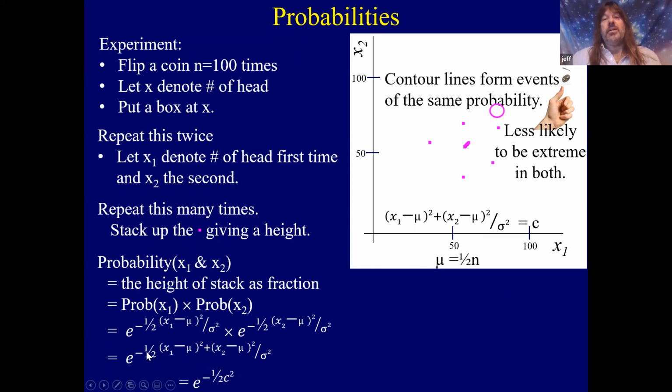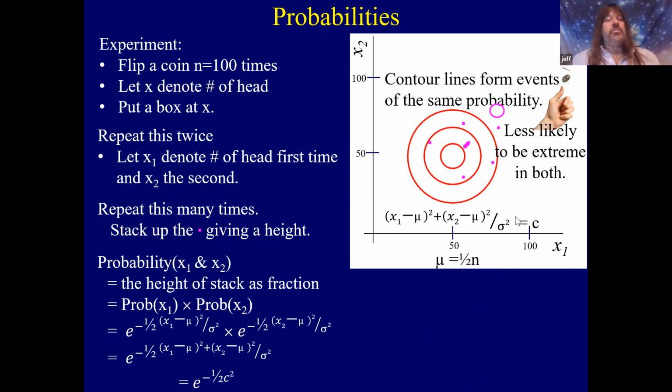I got the half on both sides, so they cancel out, right? We got this equation here is the set of all x1 and x2 that have this property. And those who are good on algebra will know that that's the equation for a circle, right? So these are our contour lines, these circles.